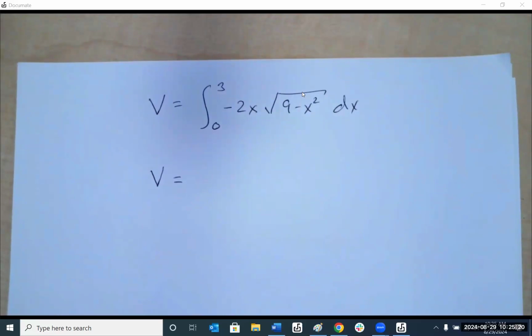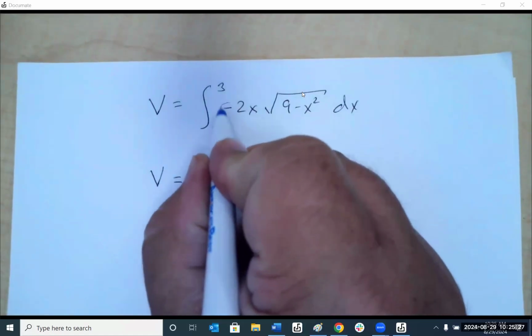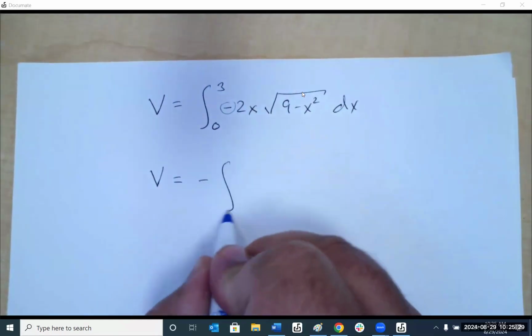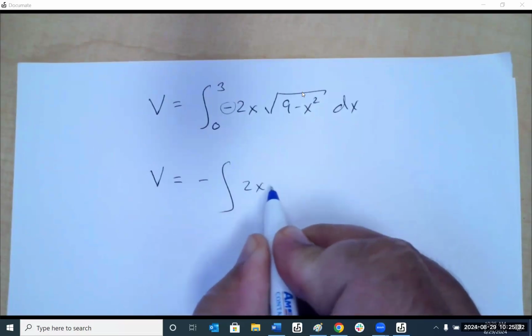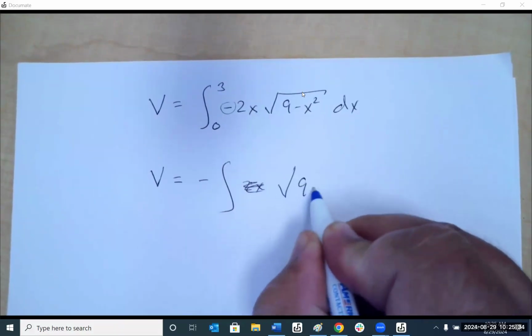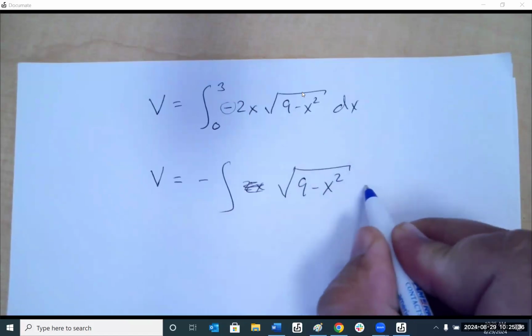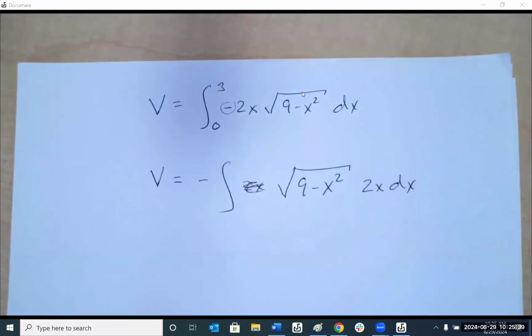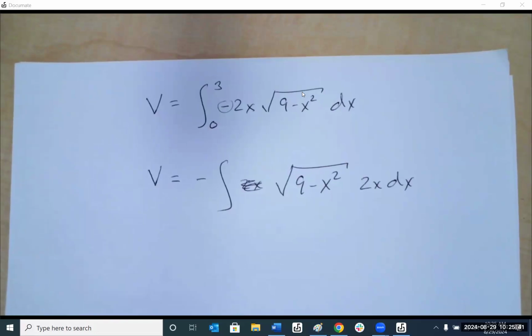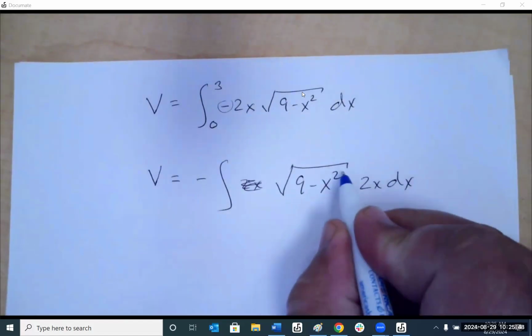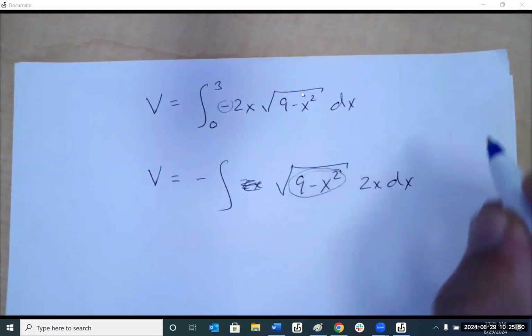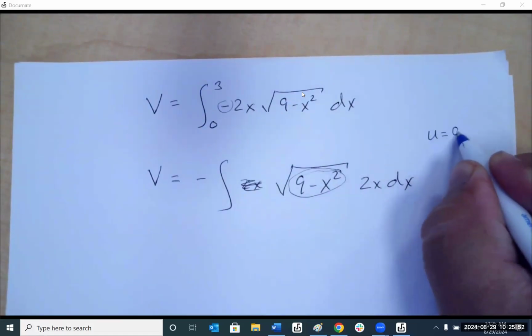Any idea how we're going to do this one? The negative can go out in front. Oh, actually, let's do this. Use substitution. Since we're going to integrate it, let's call that u.